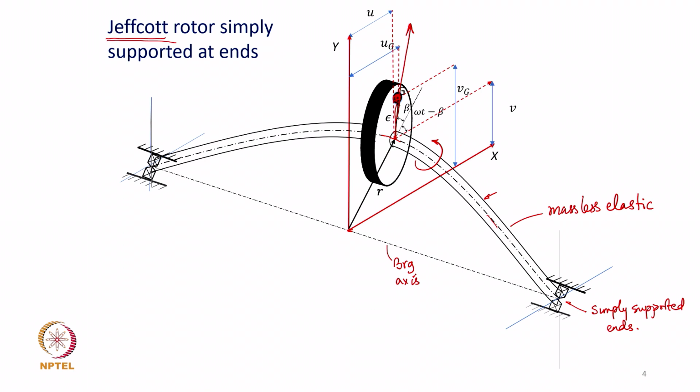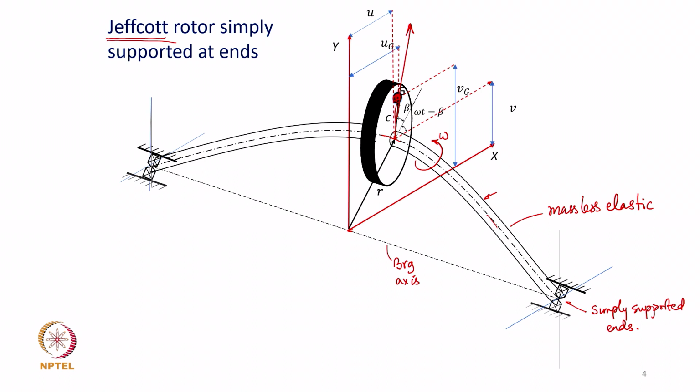As the rotor spins with a certain speed, the centrifugal force because of unbalance is going to act on the axis of the spinning shaft, and then it is going to pull that shaft outwards in the direction of the force.